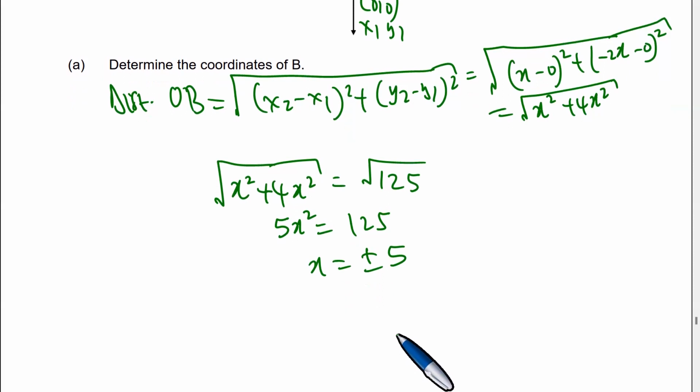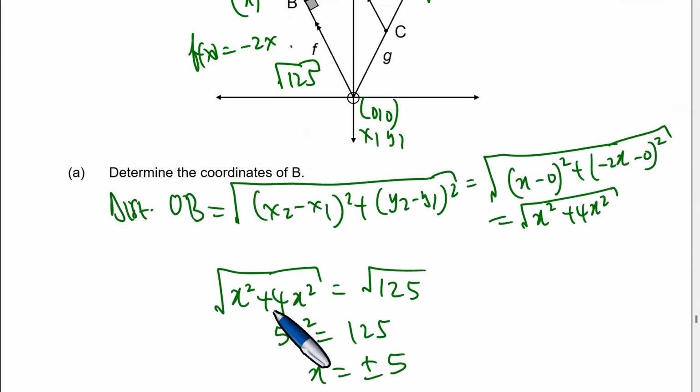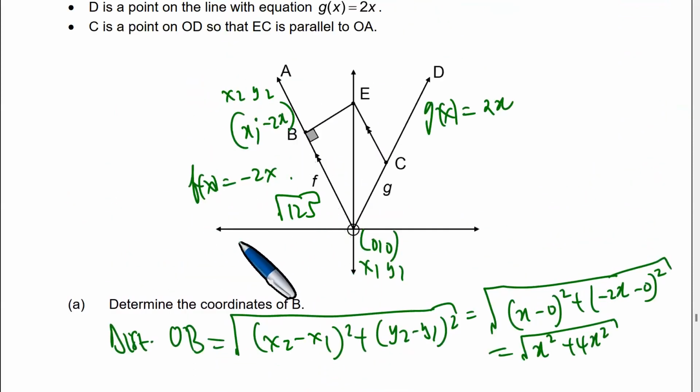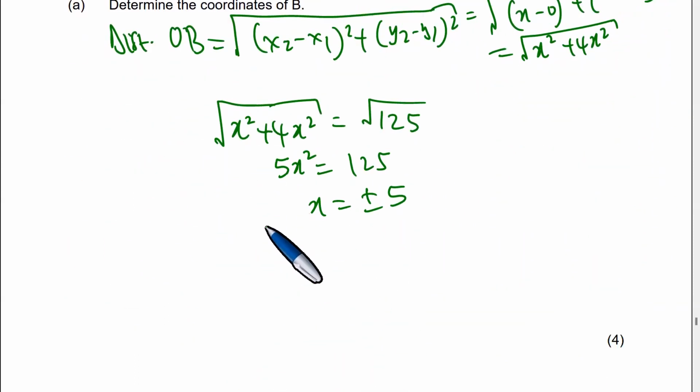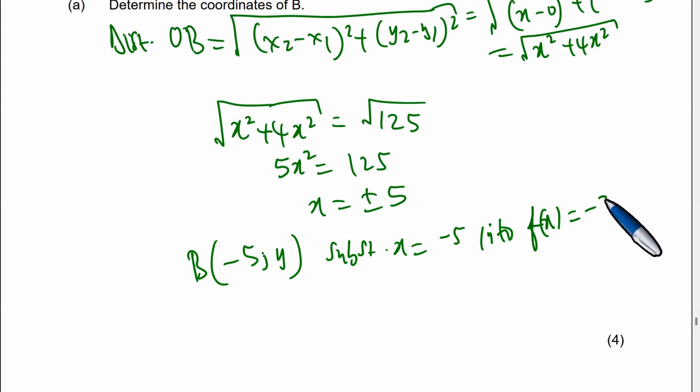What are the coordinates of B potentially? So there are two possible values of x. But because B is on the negative x, x is negative, on the left of the origin. So B will have the coordinates: substitute x equal to minus 5 into f of x, which is minus 2x.